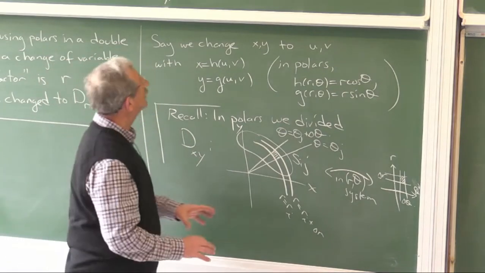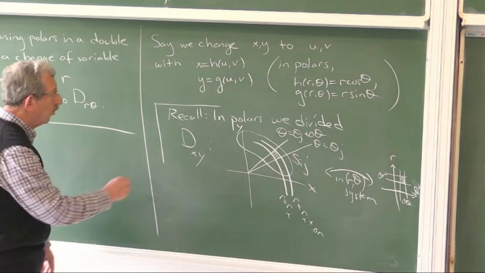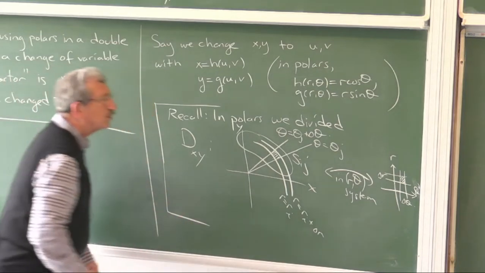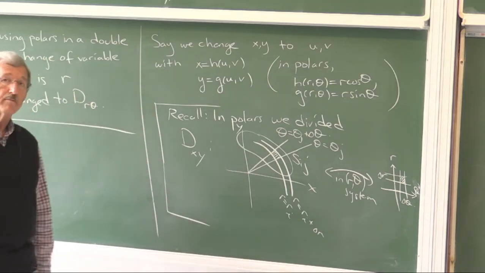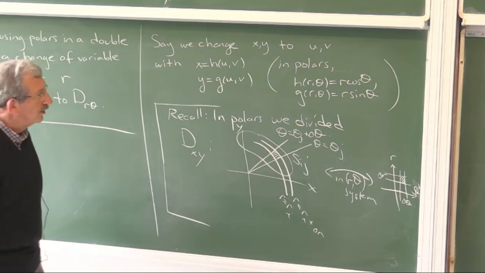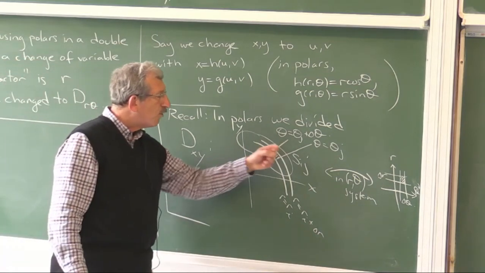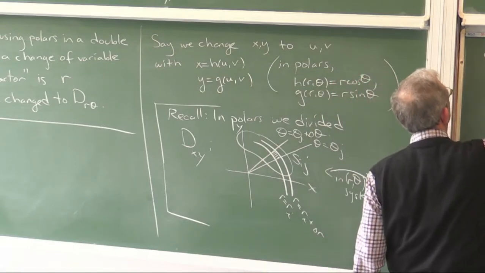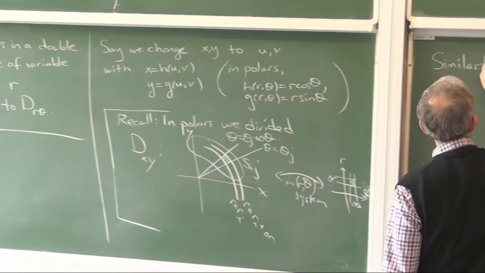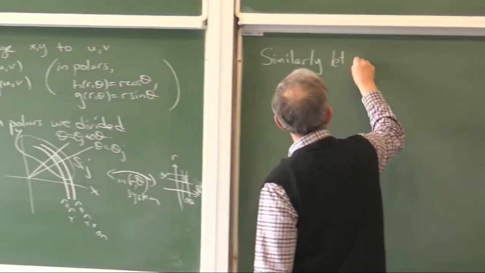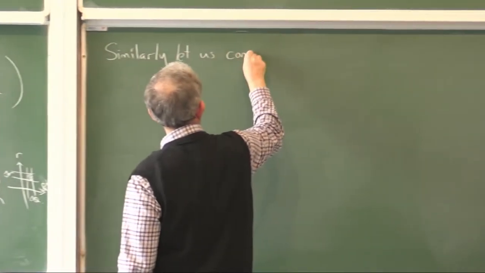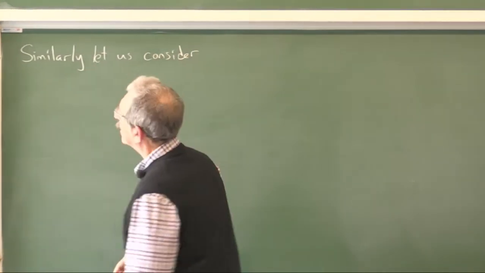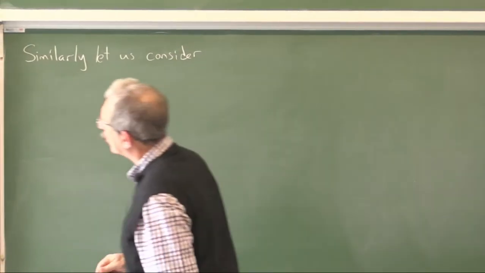As you remember, we calculated the area of Sij. That was what we did when we discussed polars. So let us now do the same thing. In other words, let us construct these four curves. What are these four curves?